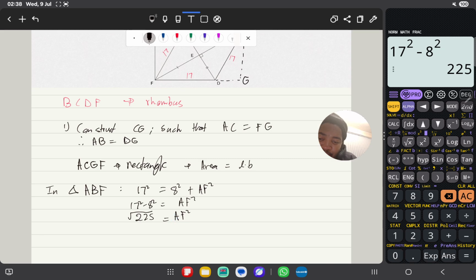We then take the square root of both sides. AF is going to be 225, 15, right?